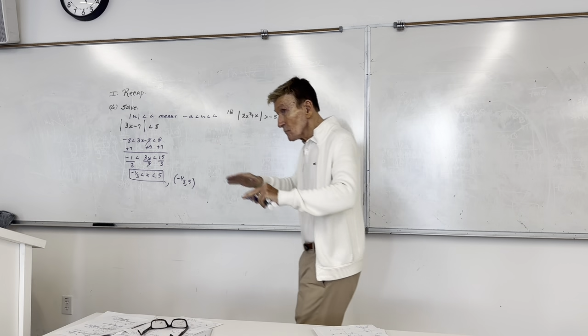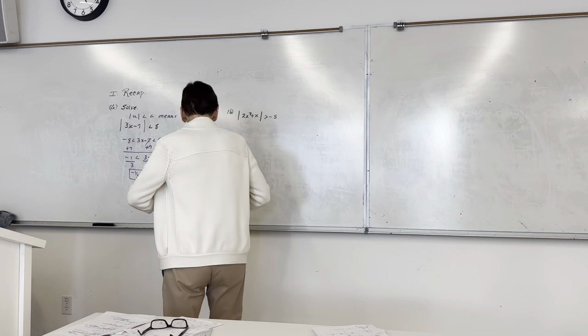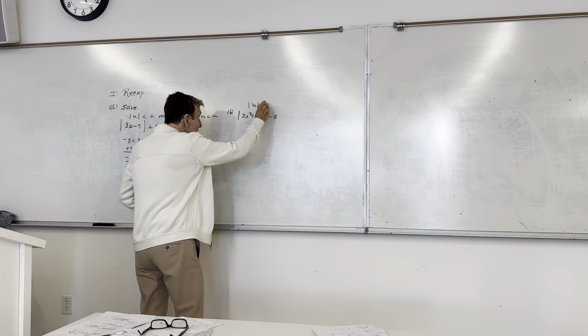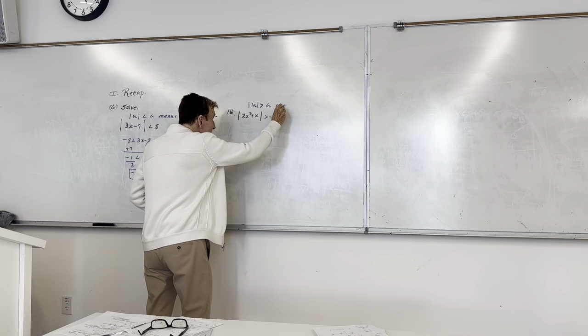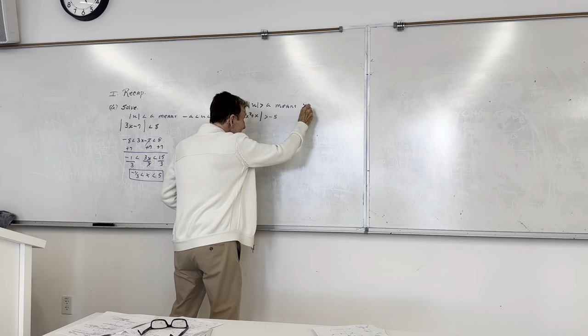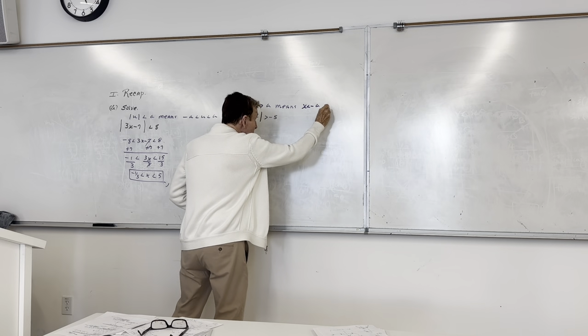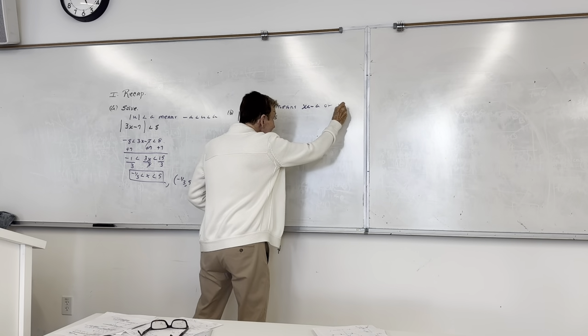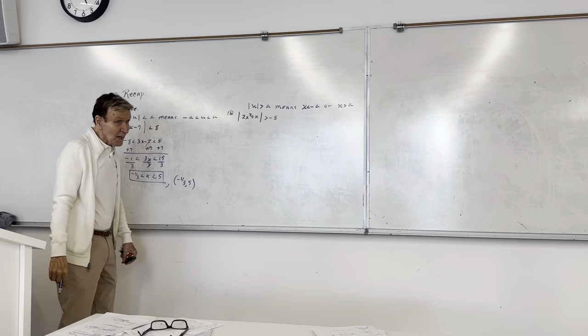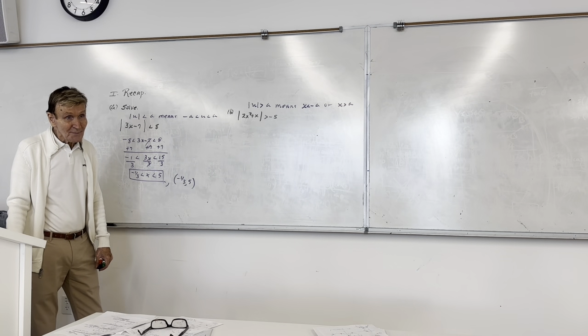At a quick glance, it looks like this: absolute value of u is greater than a, which means, you've got to know the rules here, u is less than negative a, or u is greater than a. That's what it looks like. It looks like it takes that form.